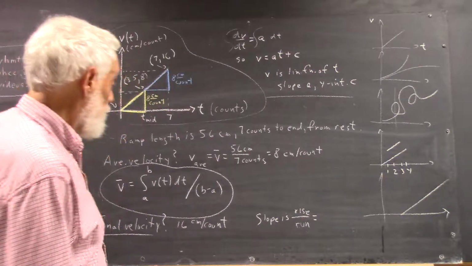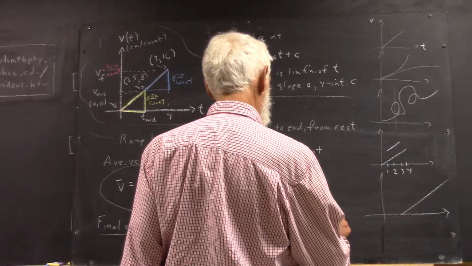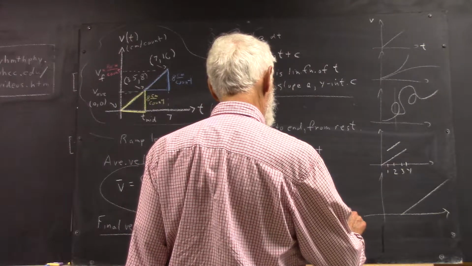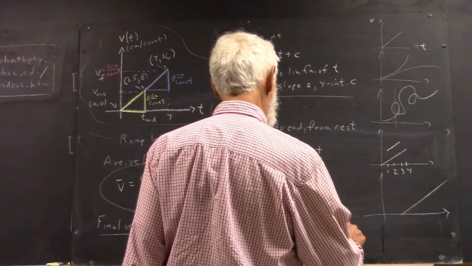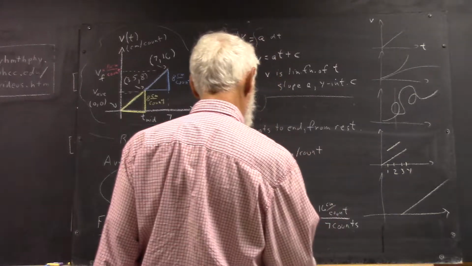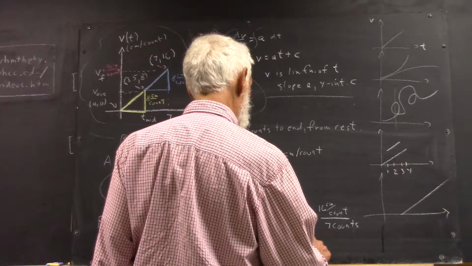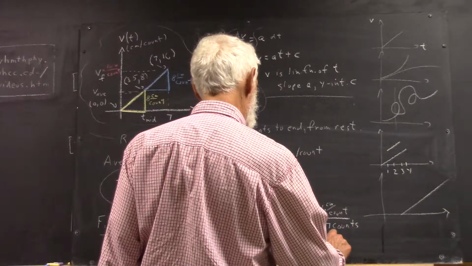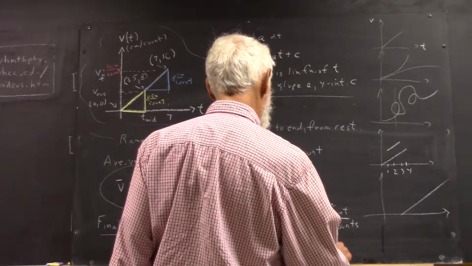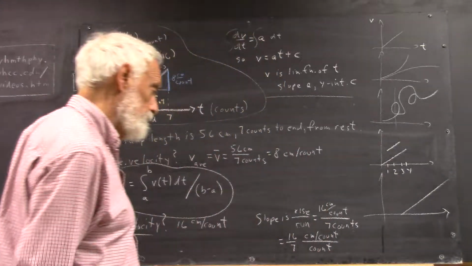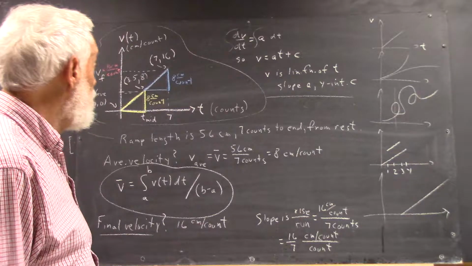So the slope of this graph could be then 16 centimeters per count over 7 counts, which is 16/7 centimeter per count. And that comes out centimeters per count squared if you just do the fractions.